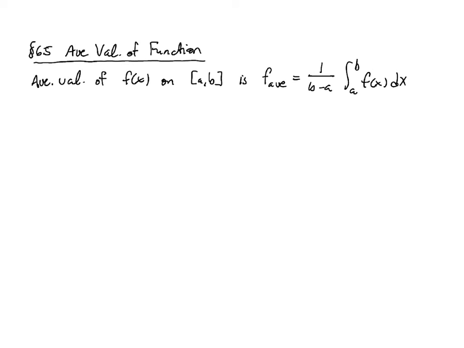The formula is that the average value of the function on this interval is 1 over the length of the interval times the integral from a to b of f of x dx.